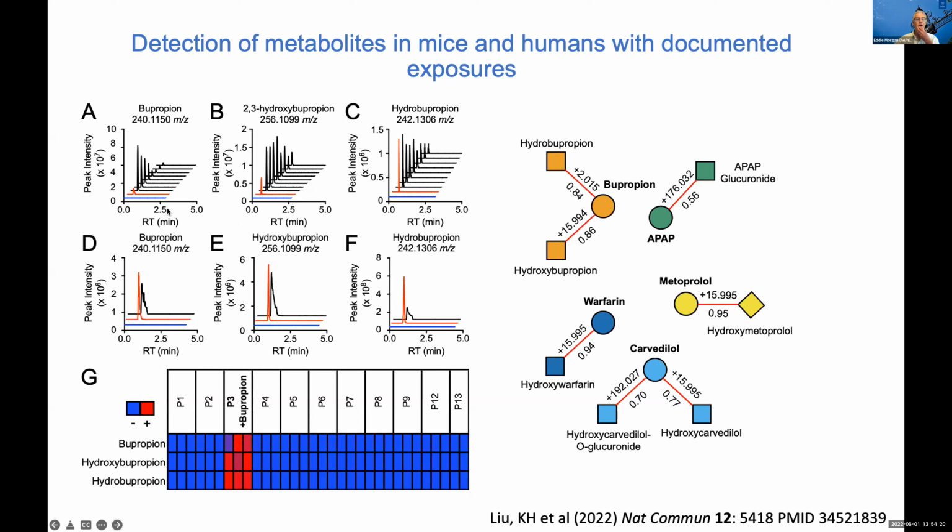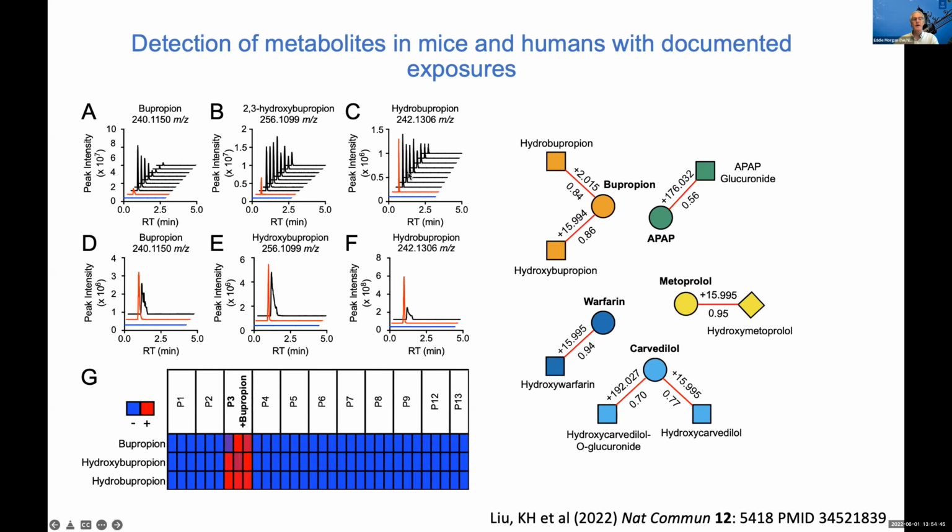You can see the rise and decline of the parent compound, and the black are the different time points in the mice, and the red is the in vitro S9 generated authentic metabolite. And you can see that we indeed detect this metabolite 2,3-hydroxybupropion, as well as hydrobupropion in these animals.